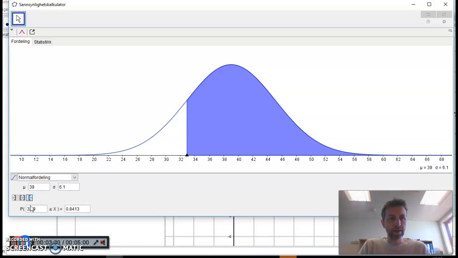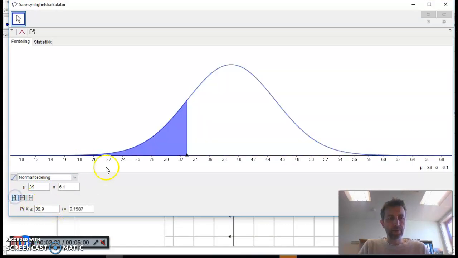We can say that we're starting with the right side of the curve, it goes from 0 and up or beyond, and it should be less than or equal to 35 centimeters, like that.